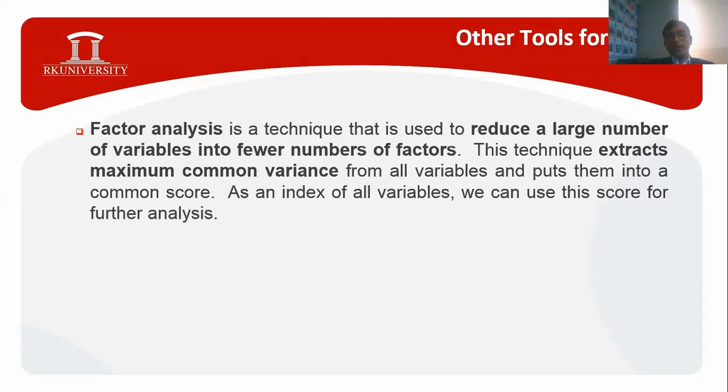For example, when I plan to purchase a car, I have made a list of 27 different factors which influence my decision. But to reduce these 27 factors into a few meaningful factors, like 4 or 5, on the basis of commonality, I can do that with the help of factor analysis.